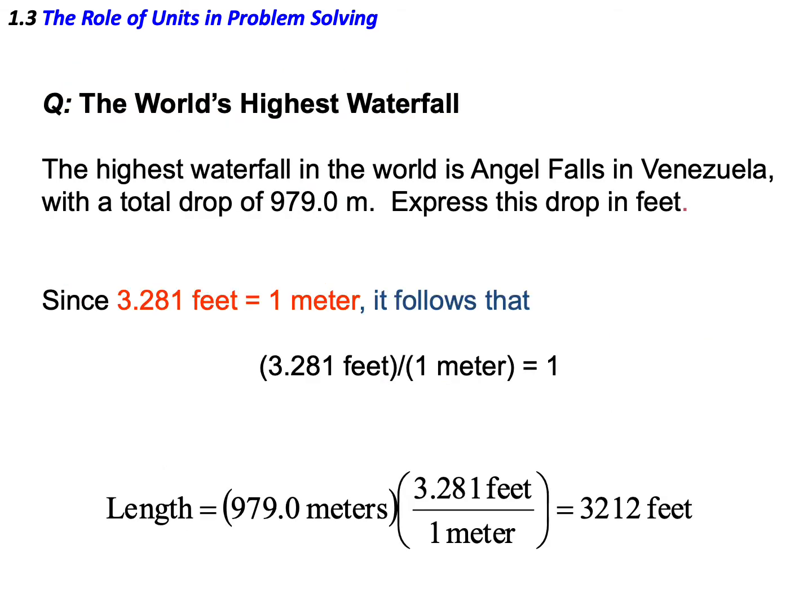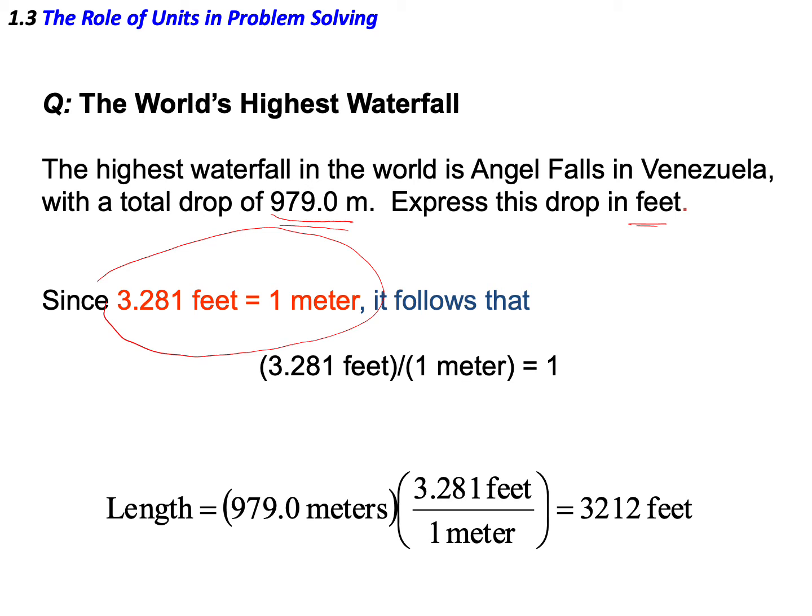Okay, here's another example. The highest waterfall in the world has a 979-meter drop. You have to convert this drop into feet, basically meters to feet, and you are given a conversion factor between meters and feet.